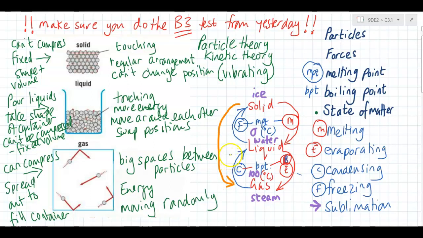It never exists as a liquid form. So in normal conditions carbon dioxide will never be a liquid. Solid carbon dioxide changes straight into a gas, and we call that state change sublimation.